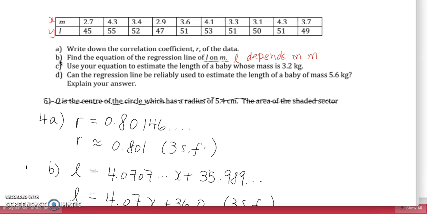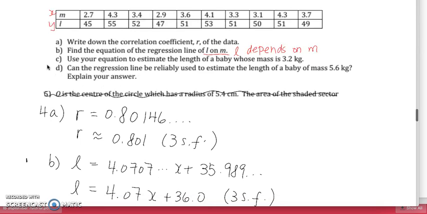Well, in part B of the question, it says find the equation of the regression line of L on M. So L depends on M, implying that L, length, should be your dependent variable y, and M should be your independent variable x. Okay? So this is a graphing calculator question.